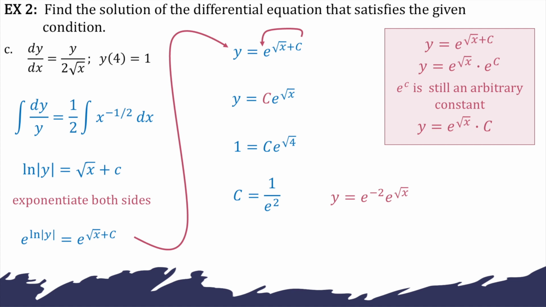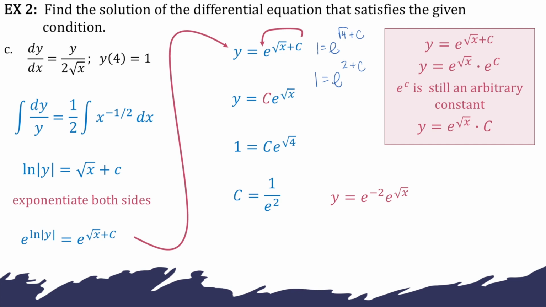Now, what if we had stopped and solved for c up here? Let's just go ahead and do that real quick and see what happens. So we'd get 1 equals e to the square root of 4 plus c. All right, so that means 1 equals e squared plus c.